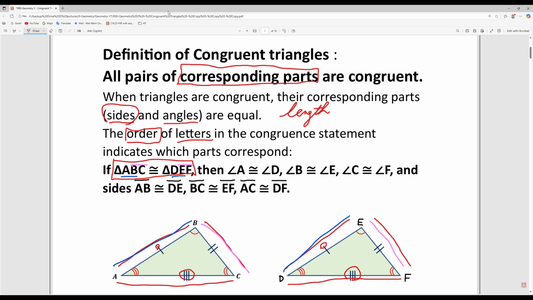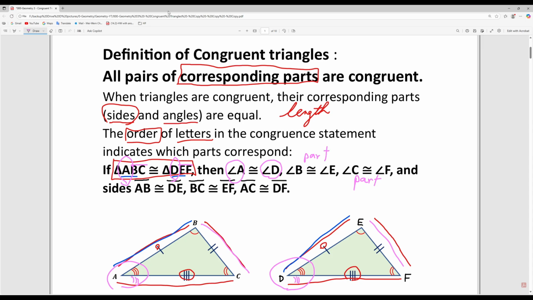And then when we talk about the angle, angle A equals angle D. Why? Because angle A is here, angle D is here, in the first place. So angle A equals angle D. And then you can use the same number of marks, like three marks here, so you can visualize which part equals which part. So that's one part, that's another part.